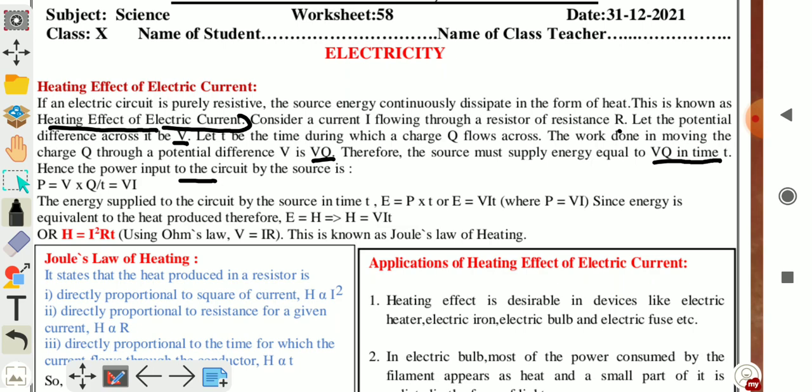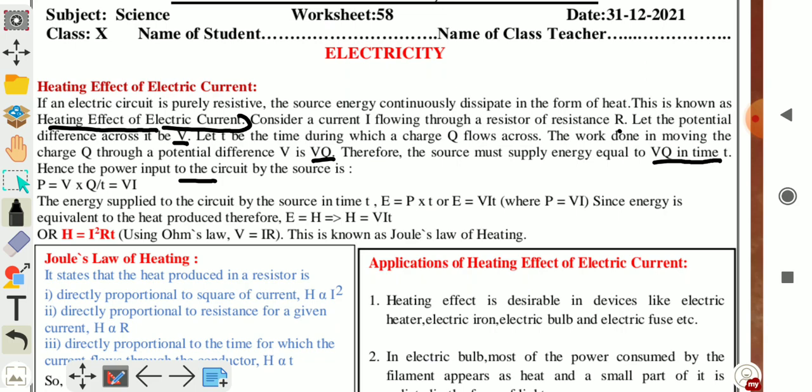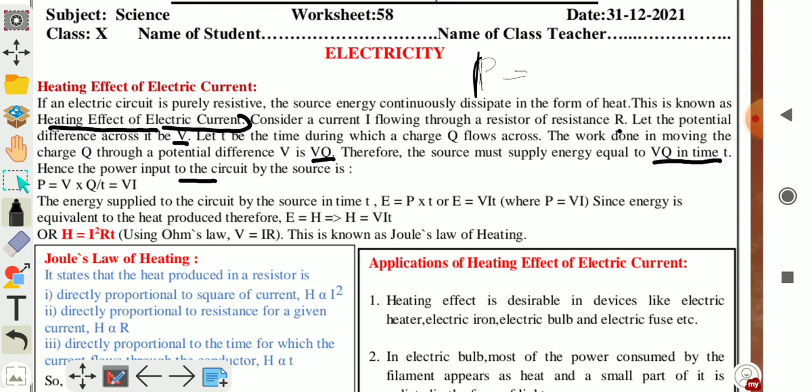From where does it come? We will explain by this. You know P equal to W upon T, where P is the power.